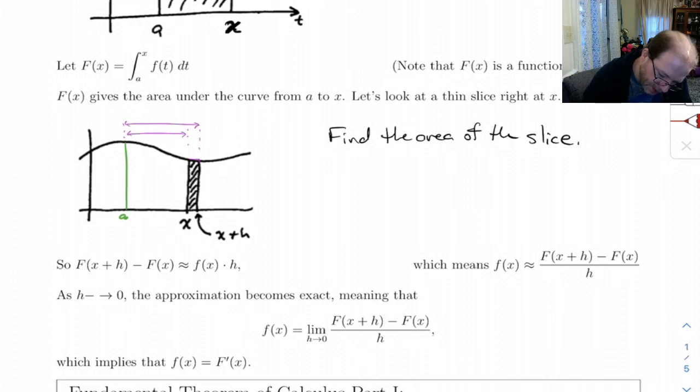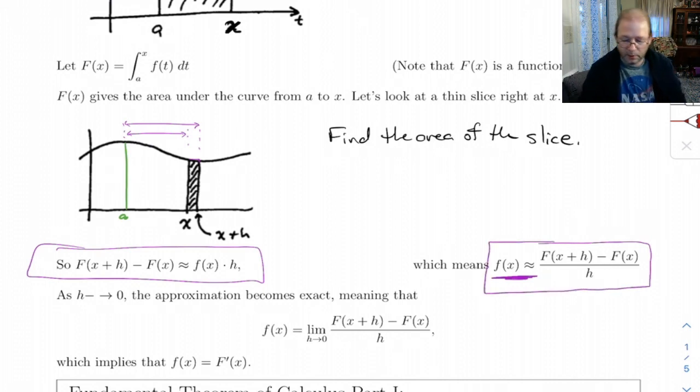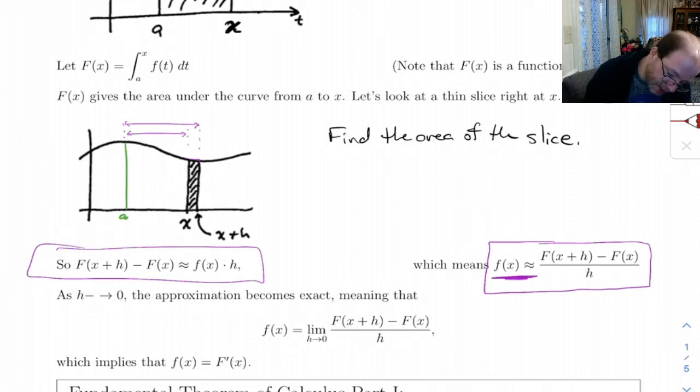And if you take this and rearrange it, basically divide by h, f of x is approximately big F of x plus h minus big F of x, over h. And that looks a lot like the derivative. So as h goes to 0, the approximation becomes exact.